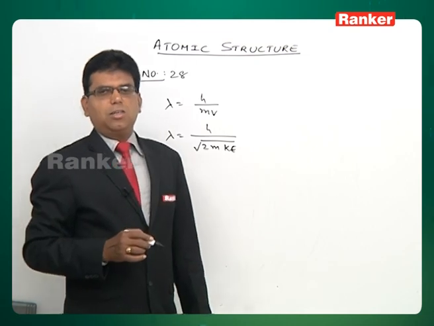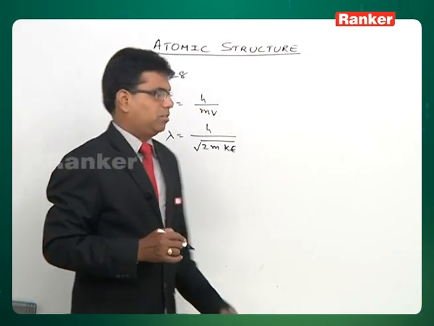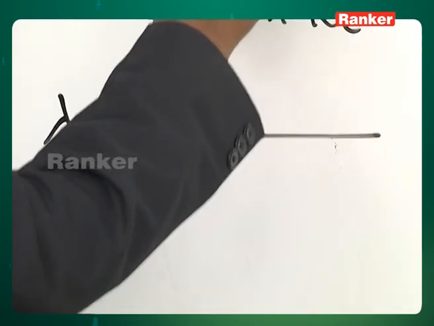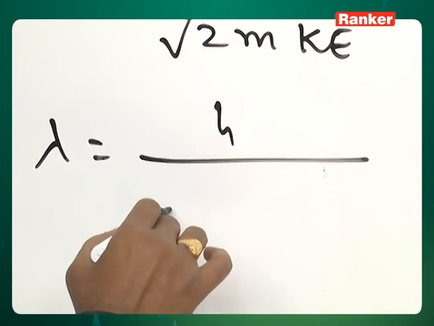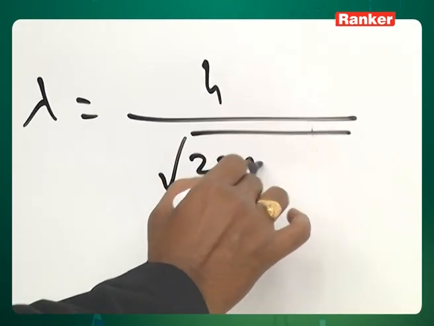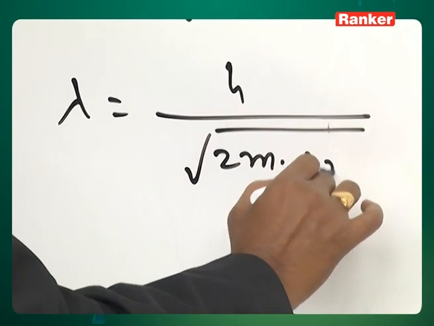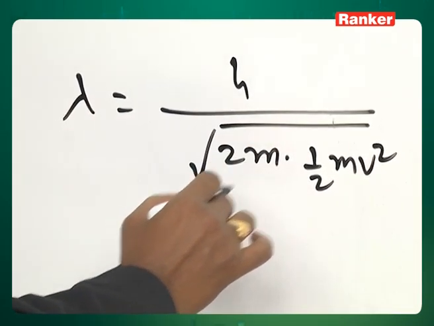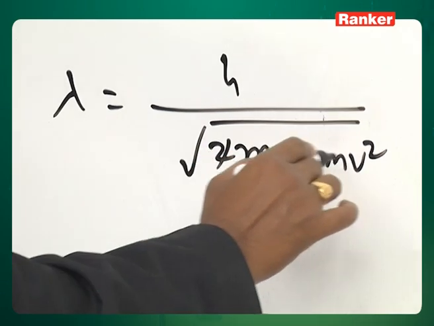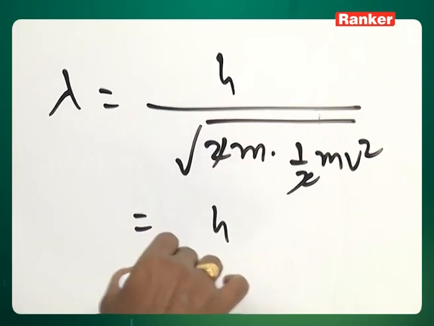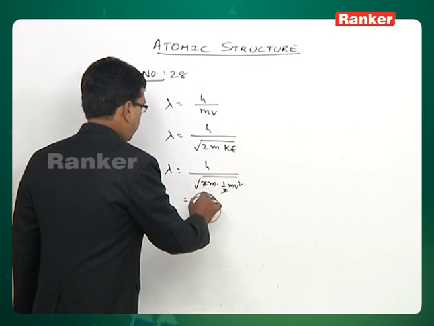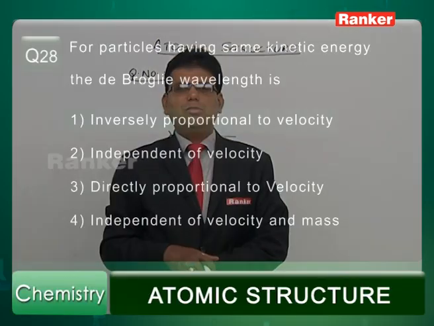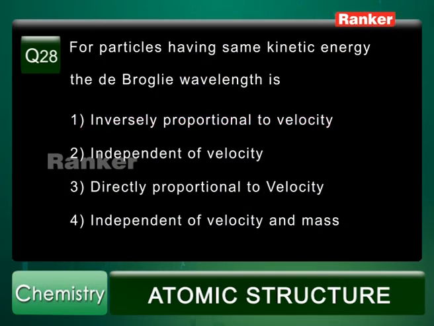So lambda is equal to h by under root 2m into KE, that is half mv square, right? So this comes out to be m square v square. So this is nothing but, once again, h by mv. So finally it's inversely proportional to velocity. So the correct answer is option 1.